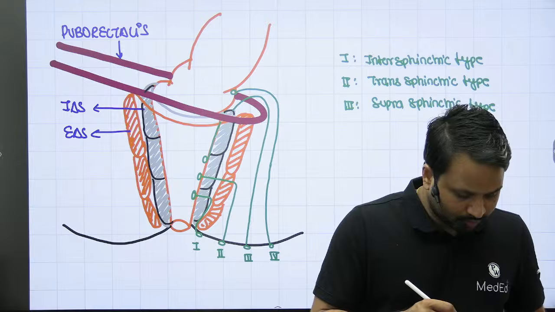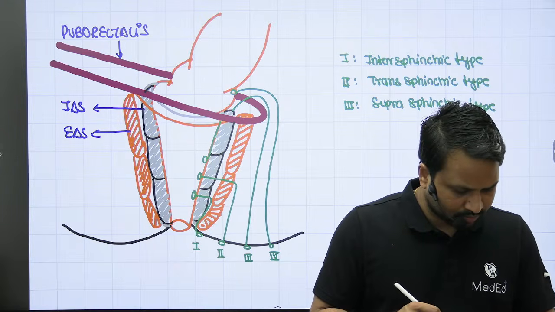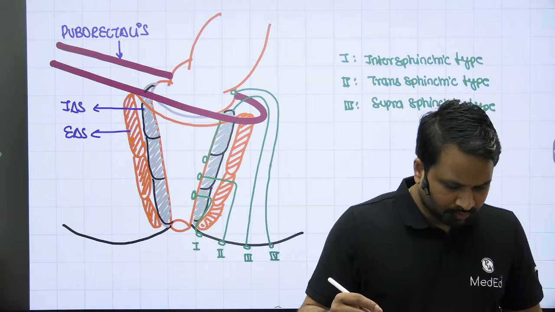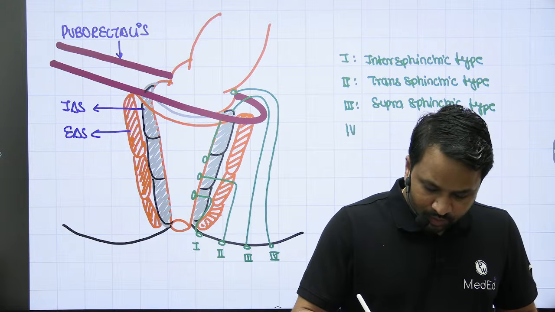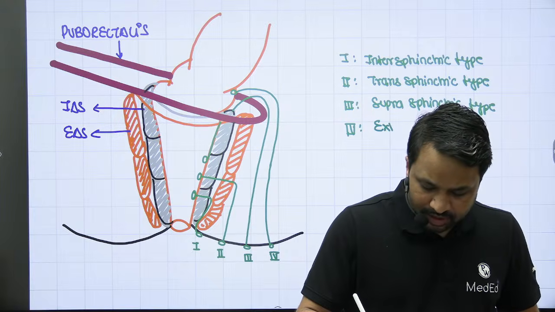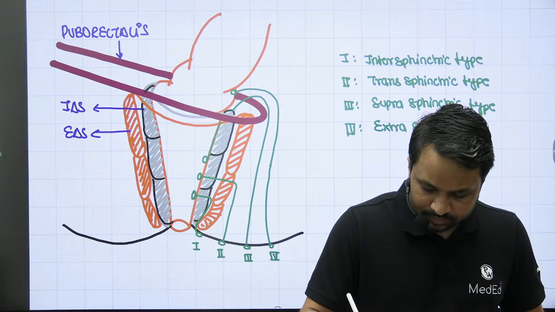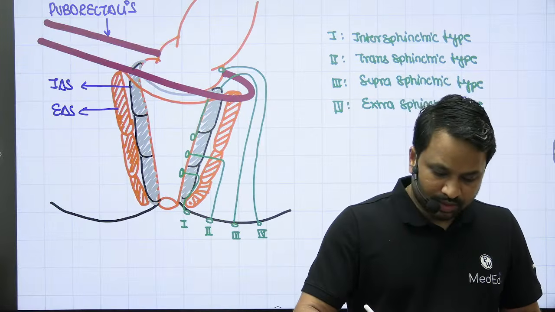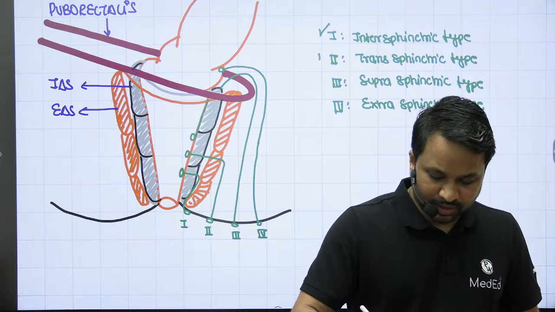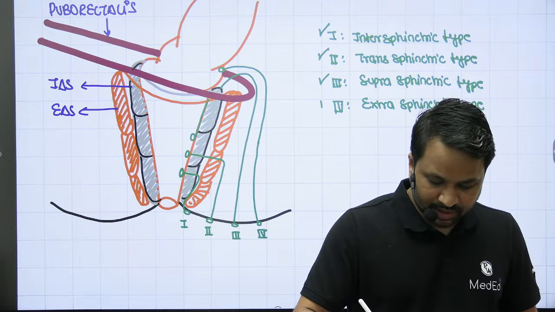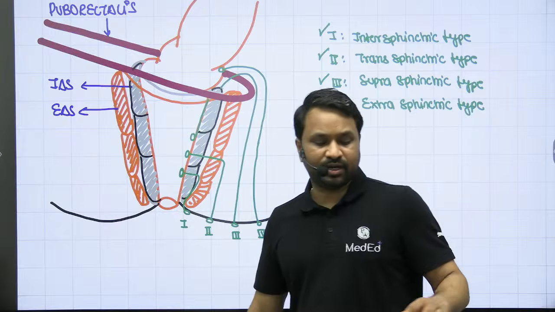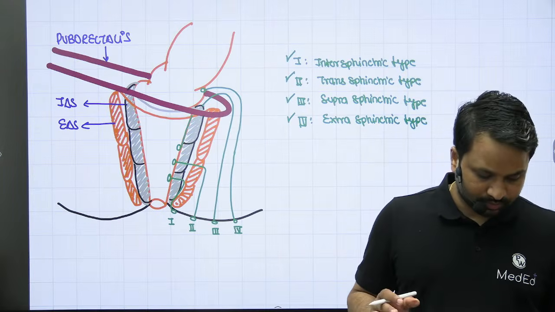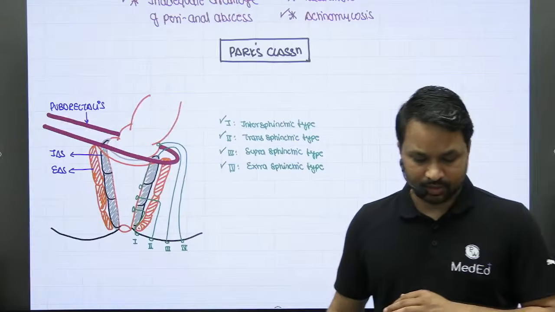And type 4 is the extrasphincteric type. So type 1 is intersphincteric, then transsphincteric, then suprasphincteric, and then extrasphincteric. All these are considered different forms of fistula in ano.